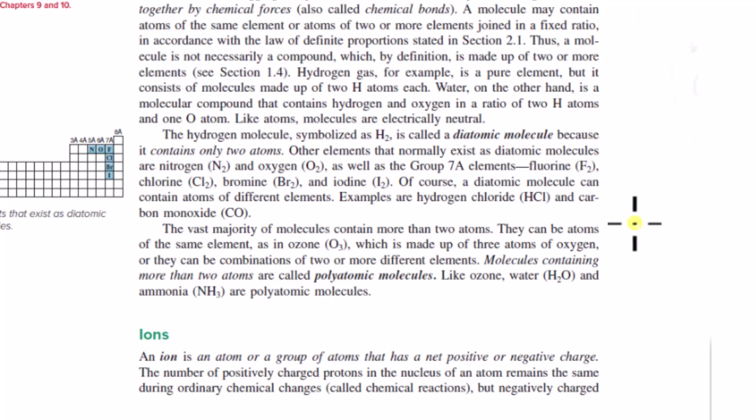So these adjectives that they're using here, monoatomic, diatomic, and polyatomic, we're using them in this section to describe molecules or ions. We're going to talk about ions in a second. So you can have a monoatomic, diatomic, or polyatomic molecule, or a monoatomic, diatomic, or polyatomic ion. And what these adjectives refer to, which can be a little confusing at first, is the total number of atoms in that molecule or ion.